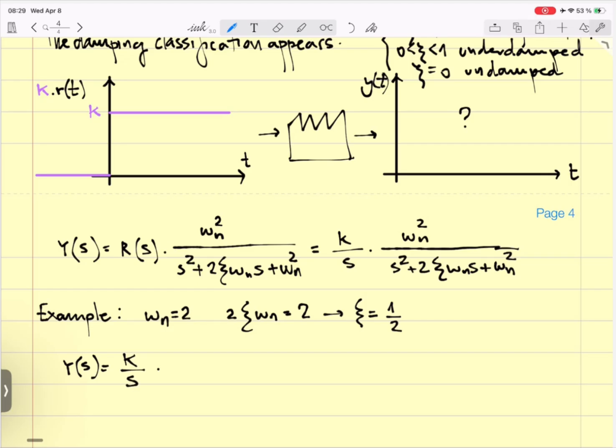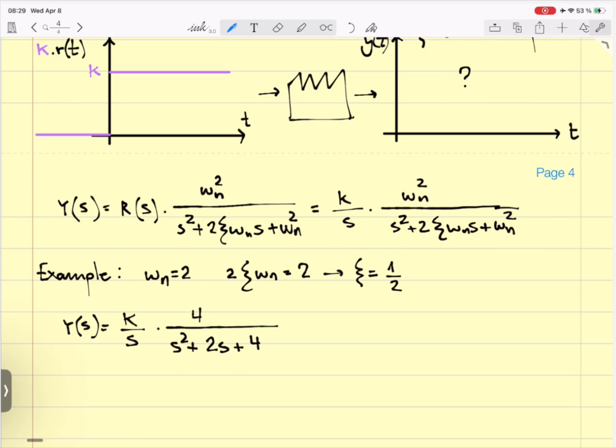So w sub n squared will be 4 divided by s squared plus 2 times s plus 4. Okay.